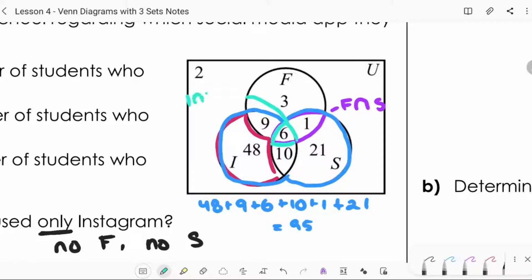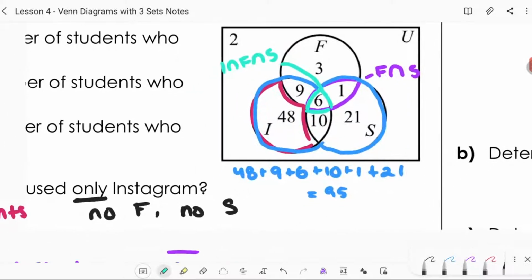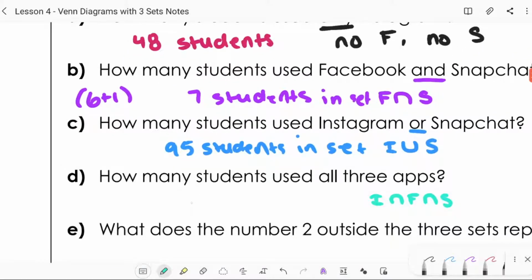And it looks like 6 students are in the overlap of all 3. 6 students in set I intersect F intersect S.